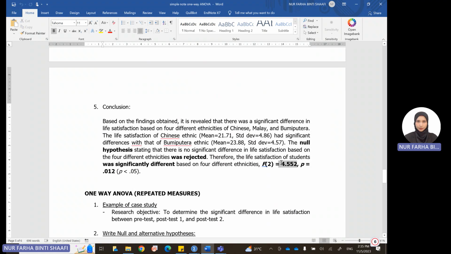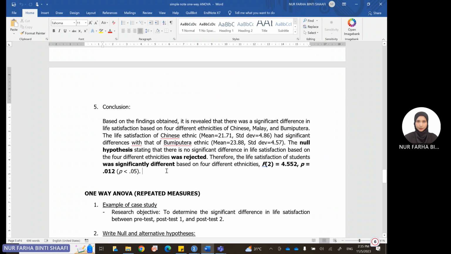This is the Anova value. And P is 0.01, which is less than 0.05. That's why you reject the null hypothesis. So it means that there is a significant difference in kepuasan hidup among the three ethnicities. Okay, so that is how you interpret the post-hoc Tukey, one-way Anova.